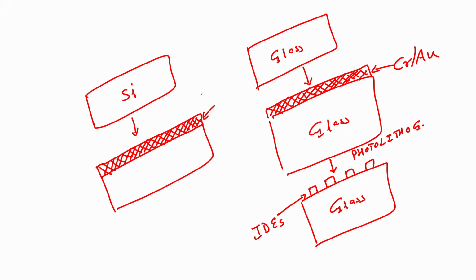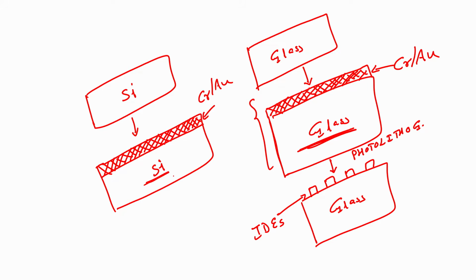This is my chrome gold on silicon wafer. My question is, in case of glass, I could directly deposit chrome gold on glass and pattern it to form interdigital electrodes. In case of silicon, can I do the same thing? I cannot, right. Why? Because glass is an insulator while silicon is a semiconductor, right.